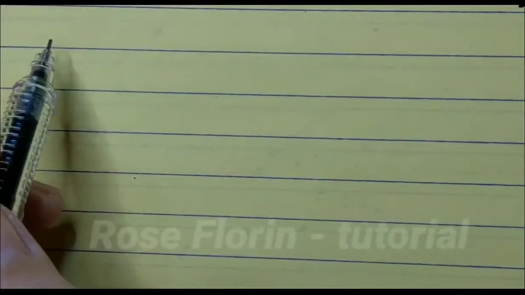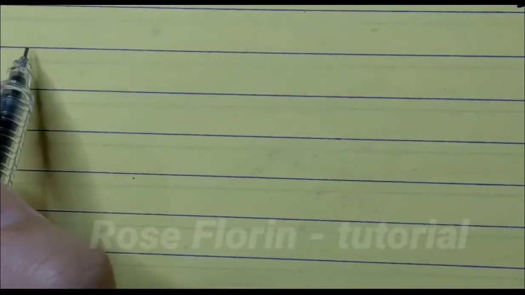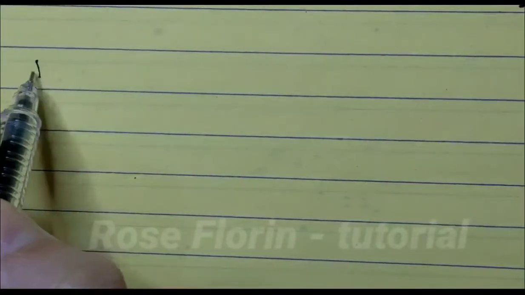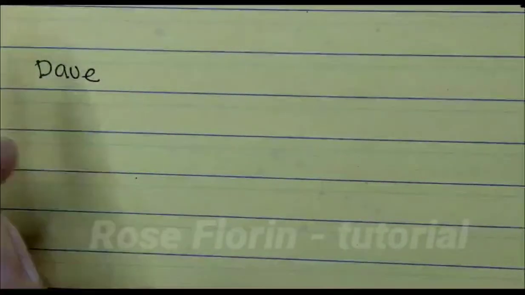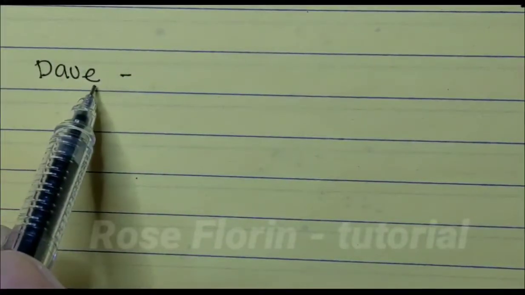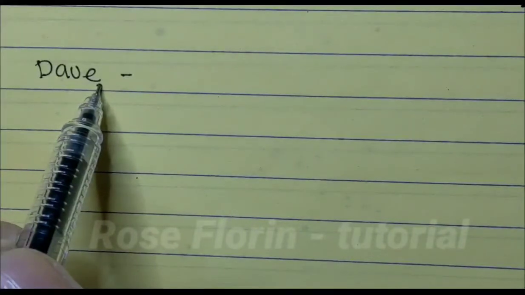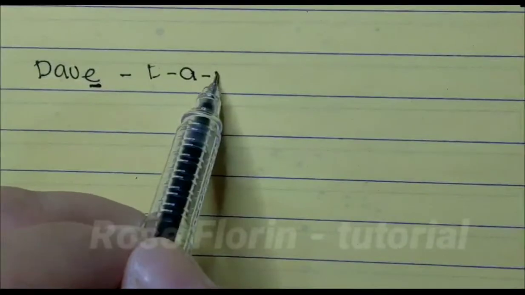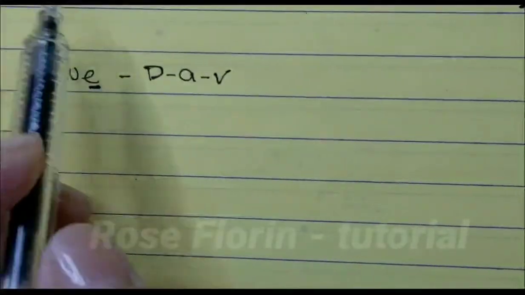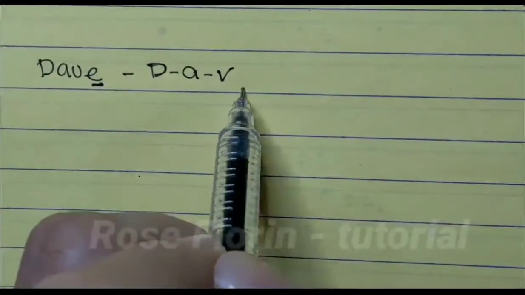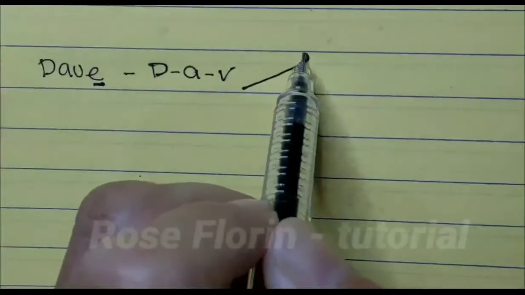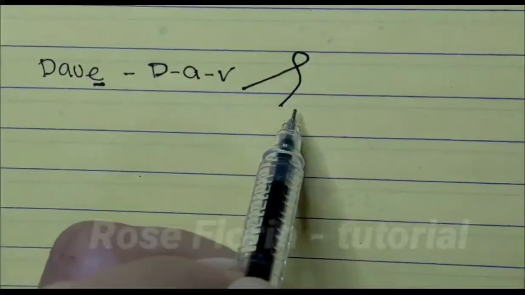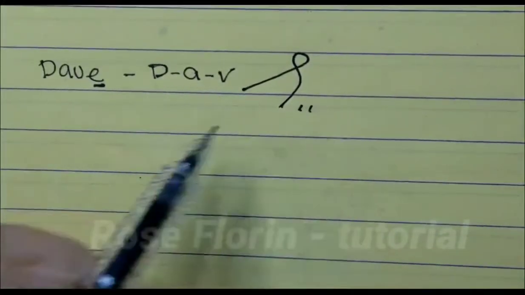Example using capitalization is a name of a person. Dave. So, letter E is omitted because this is a silent letter. D, A, V. Okay? So, letter D, A, V. And then, capitalization.